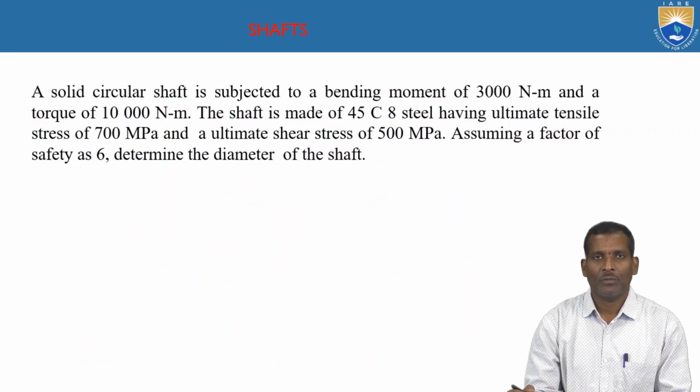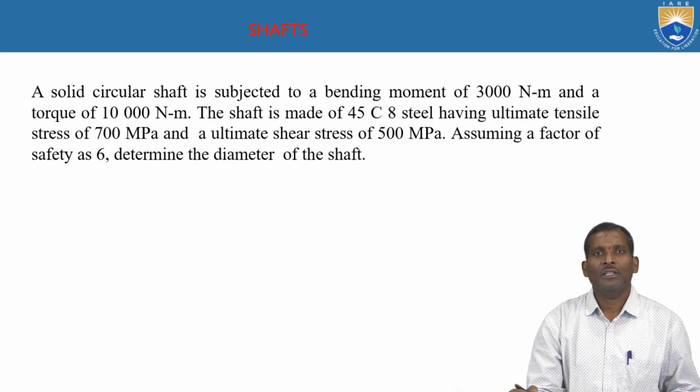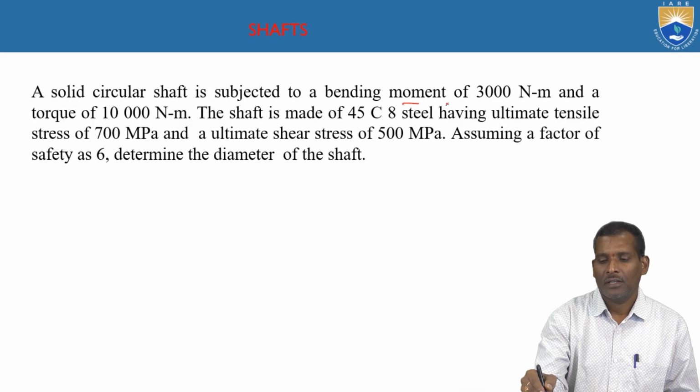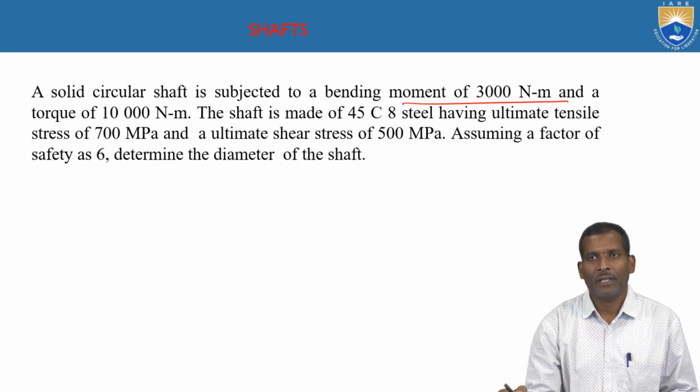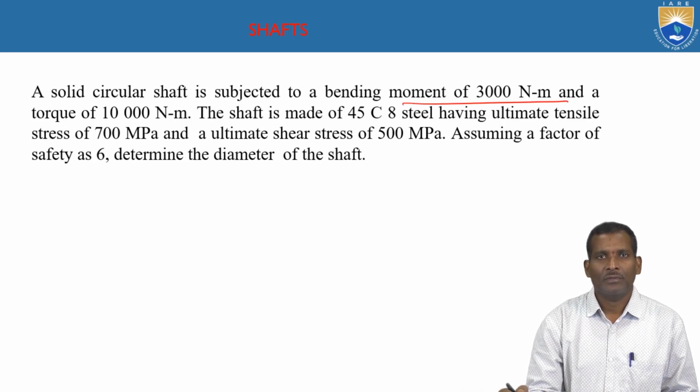So like this, how to calculate the design problem when the shaft is subjected to twisting moment and bending moment. See this problem. A solid circular shaft is subjected to a bending moment of 3000 Newton meter and a torque of 10,000 Newton meter.